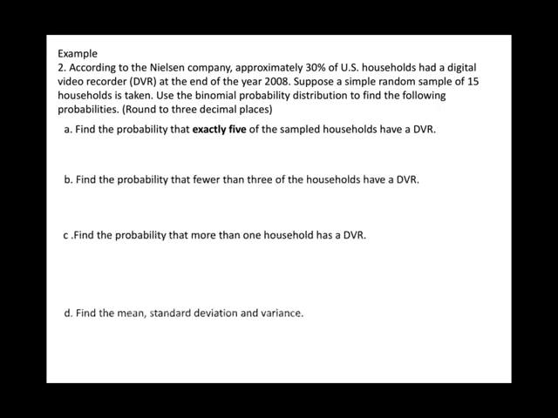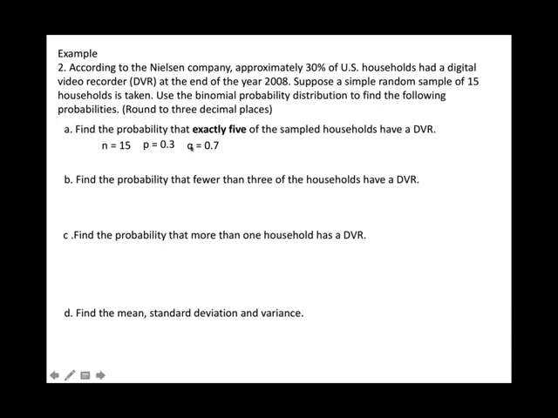Because we have 15 households here. And then p, the probability of success, which is going to be 30%, so it's going to be 0.3. q will be the complement, so 1 minus 0.3, which is going to be 0.7. Okay, always find out the n and p and q.